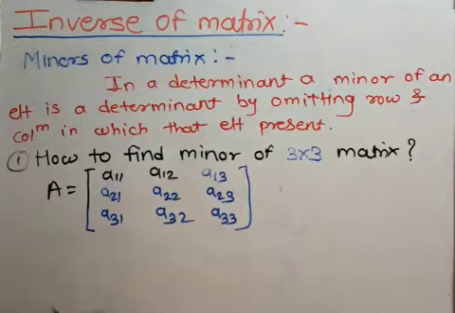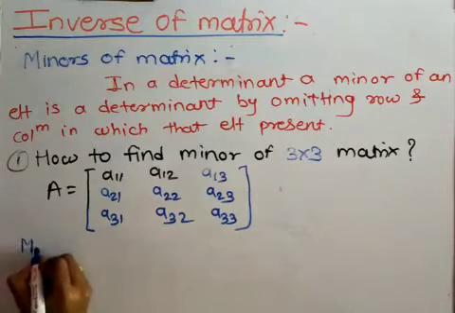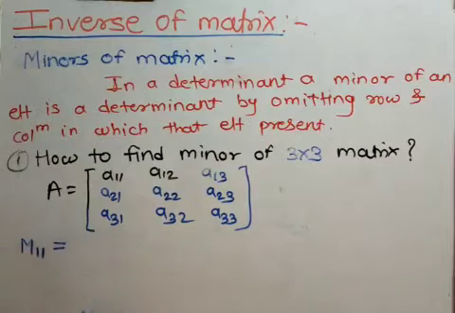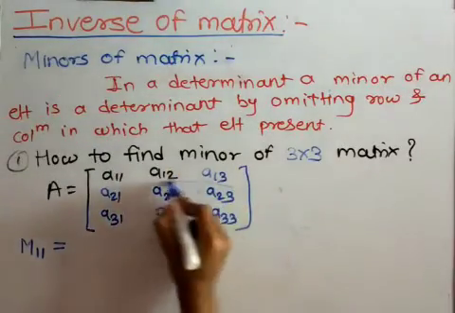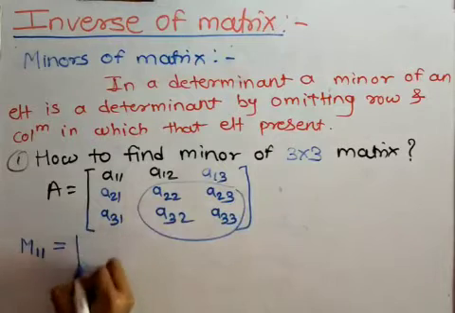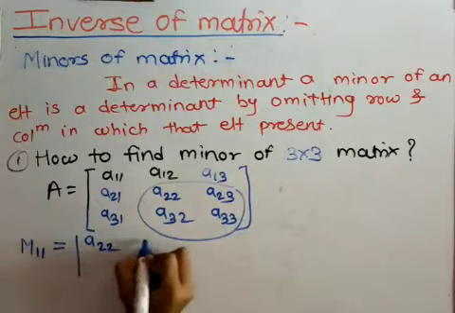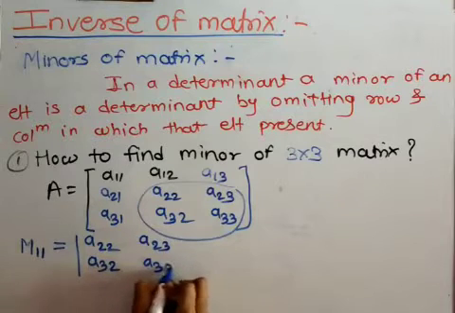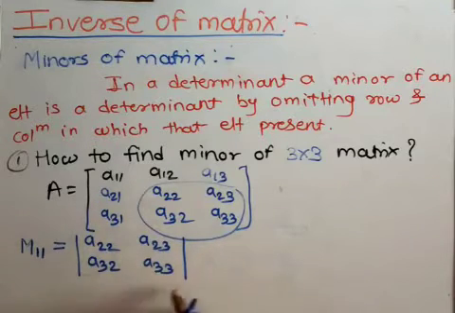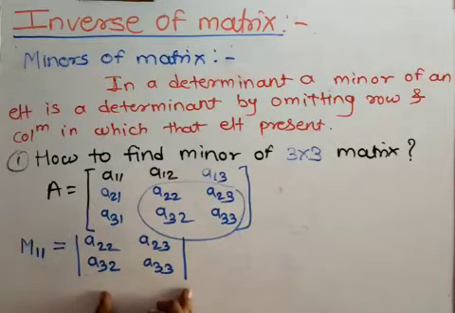So first we want to find M11, that is the minor of the first row and first column. So first we neglect the first row and first column. So the remaining part is the determinant of A22, A23, A32 and A33. Okay, this is our minor M11. We solve this determinant, then we get a number.